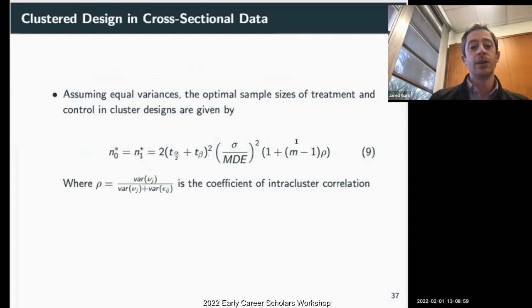So you would choose your M based on your rho to solve for the optimal number of total units, and then combining those would give you the optimal number of clusters. And the acceptable number of clusters, meaning sufficiently powered, is all going to depend on your intercluster correlation.